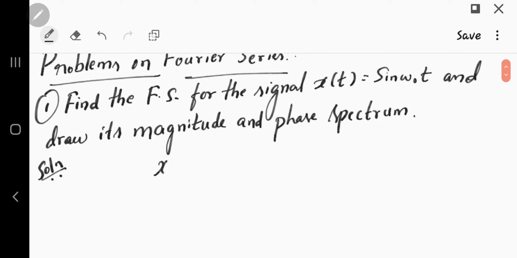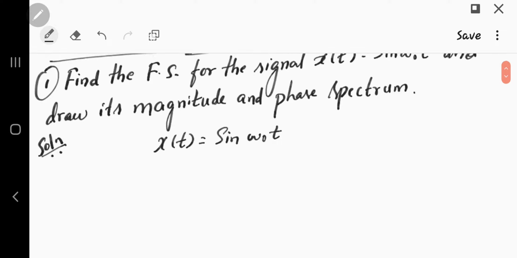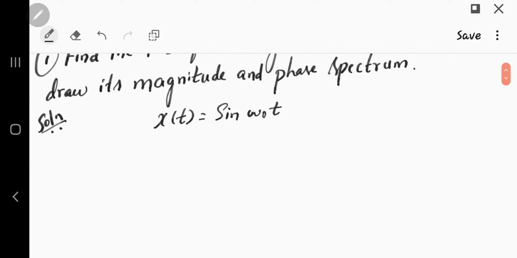Now given x of t is equal to sine omega naught t. Okay. So now let's express this in terms of exponential. We are expressing sine omega naught t in exponential form.